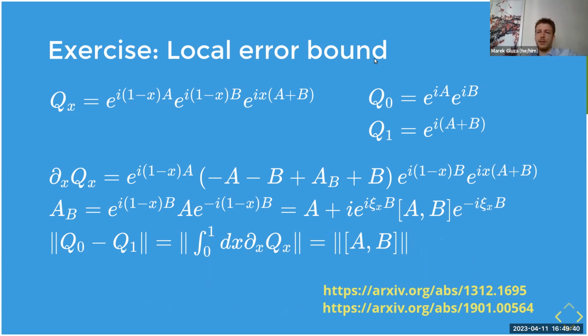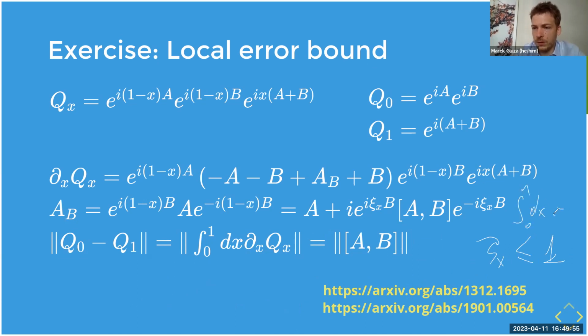If I skip this integration, if I bound it by 1, so xi x is smaller or equal to 1, I don't need to expand around x, then it becomes even simpler because dx from 0 to 1 is equal to 1. So if I skip this xi x, then I get this bound.